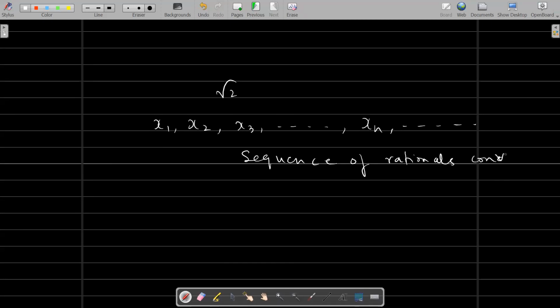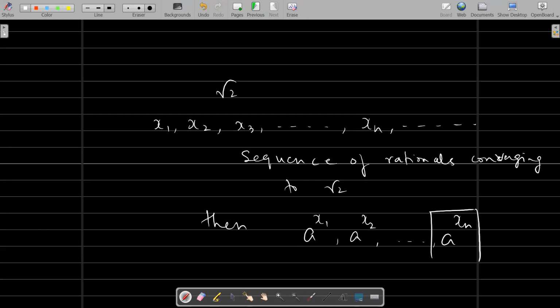Converge means which goes very close to root 2. Then you look at the numbers a raised to x1, a raised to x2, a raised to x3, and so on, a raised to xn. So this sequence converges to whatever number, that number we call a raised to root 2.